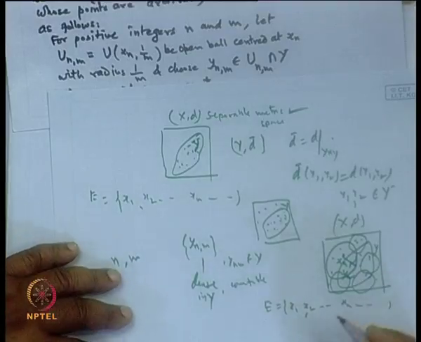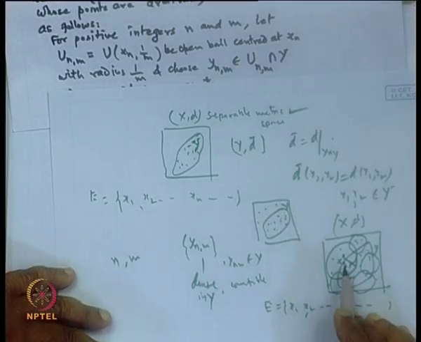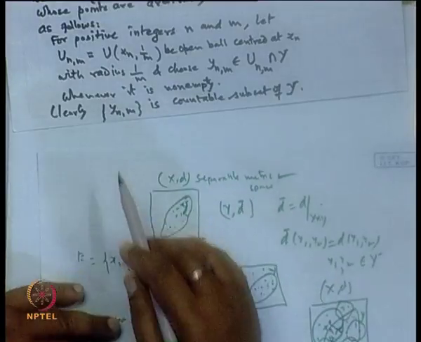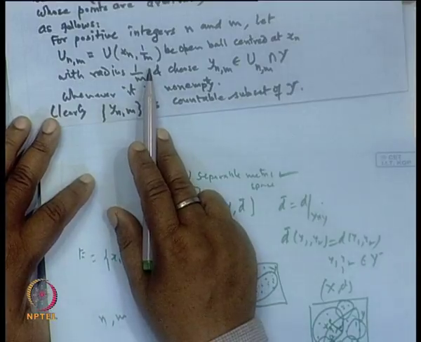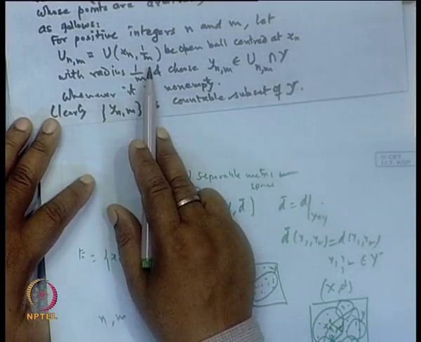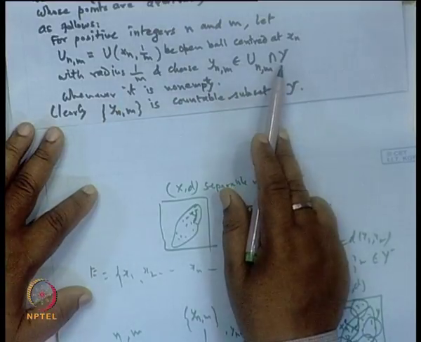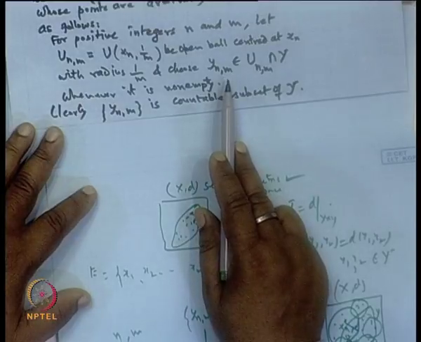So, once they intersect, you pick up the point from here, say y1, y2, yn, which is the common point of this ball as well as Y. So, what we did is that around the point xn we have drawn the ball with radius 1 by m, and when this ball intersects Y, then you can pick up a point y_nm.